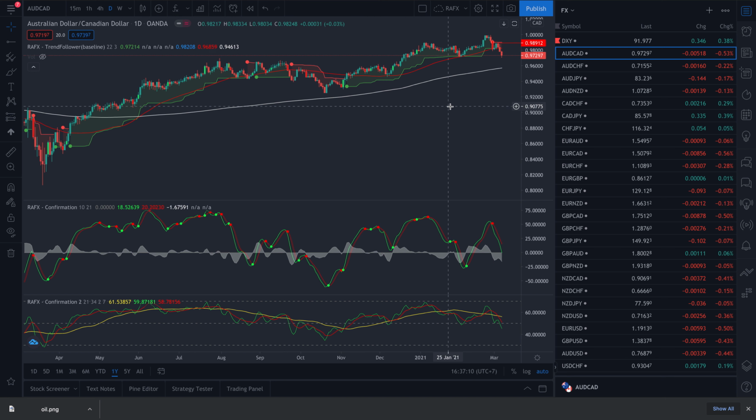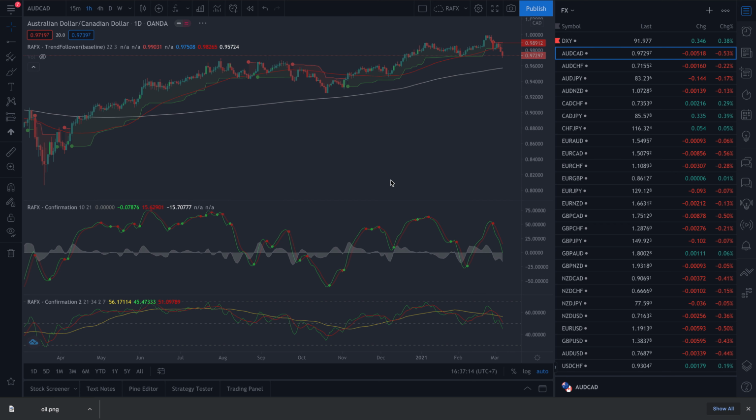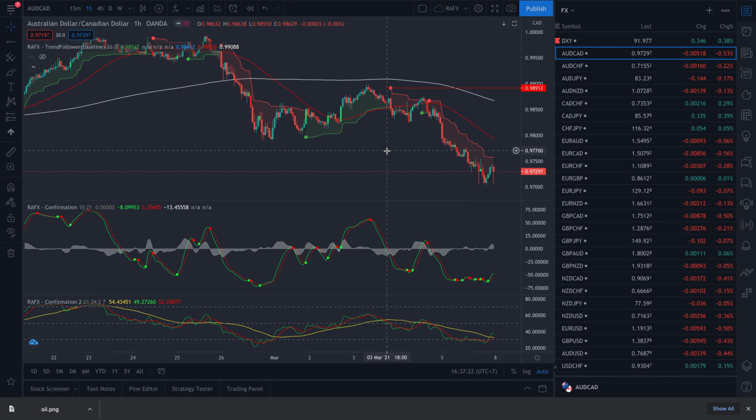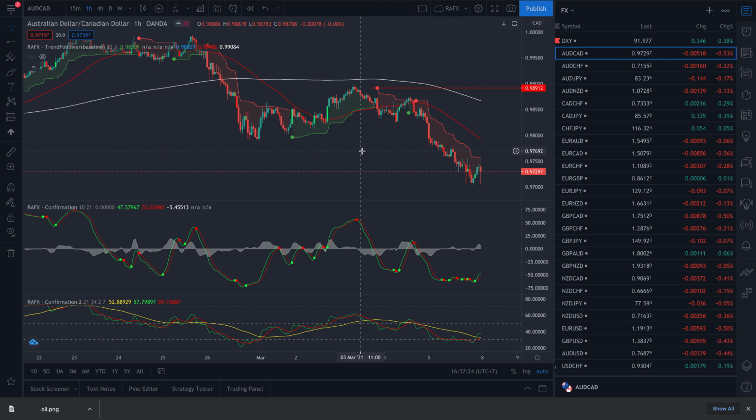So once I have that bias, I usually look into the 1 hour time frame for an entry signal. What I'm looking for in the entry signal is, first, does the trend follower give me a long signal?